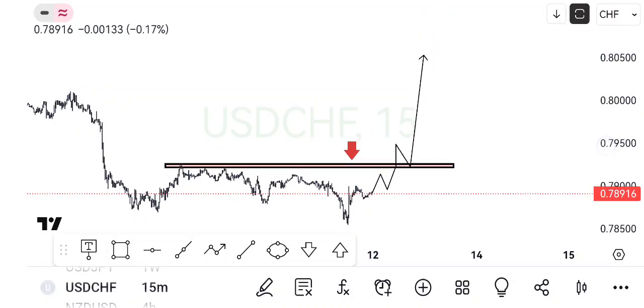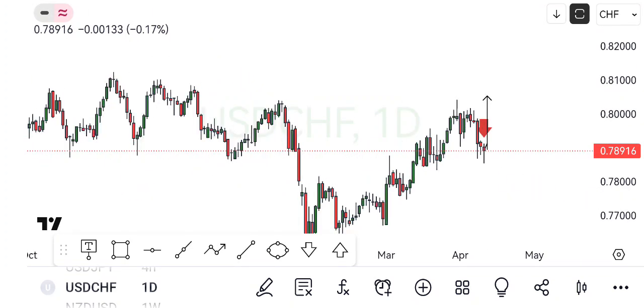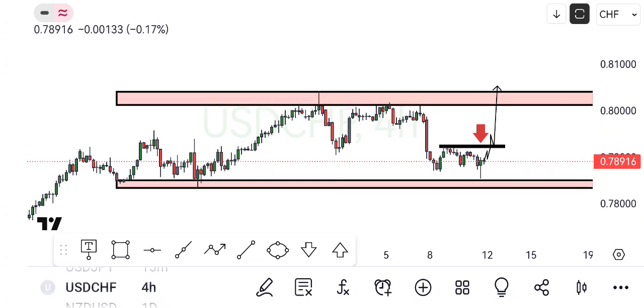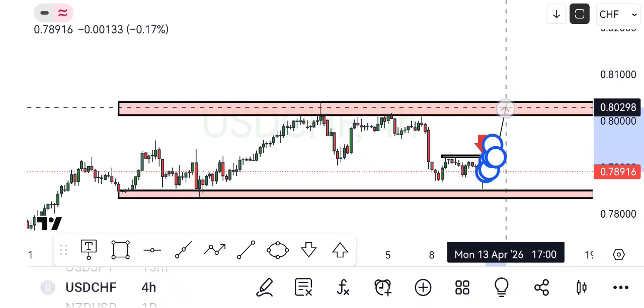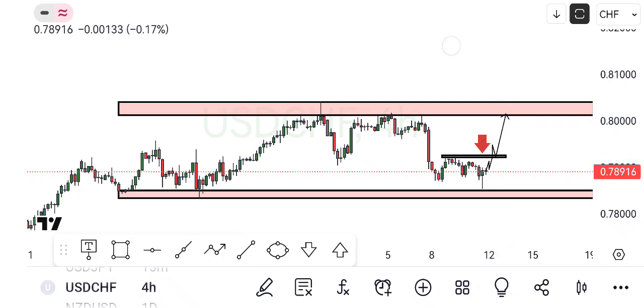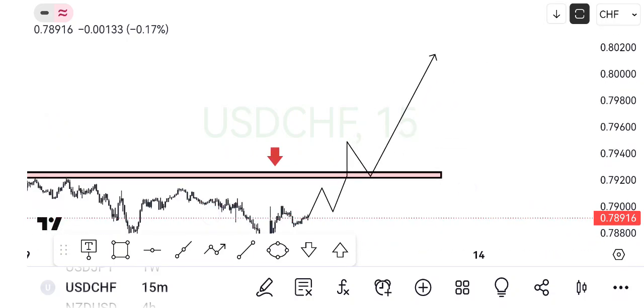Something like this. Let me go to the daily. Because this is the nearest resistance, my price from a lower time frame will look like this.